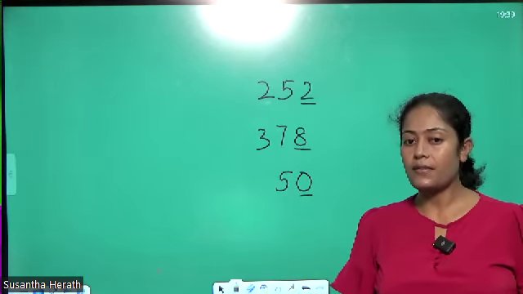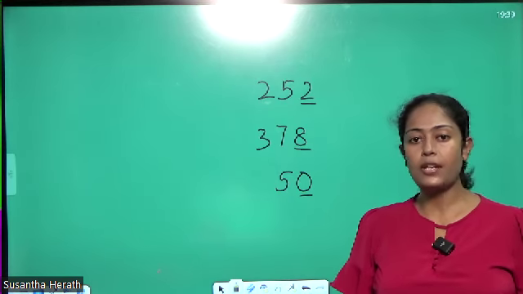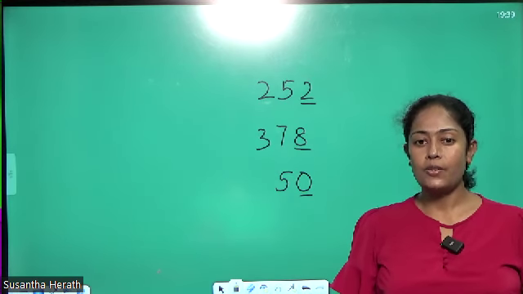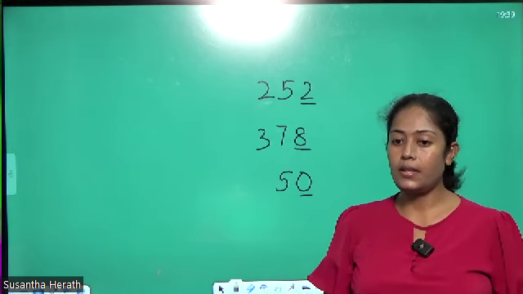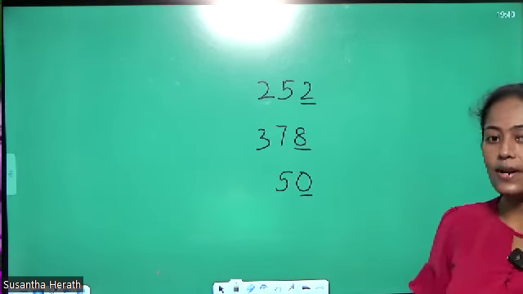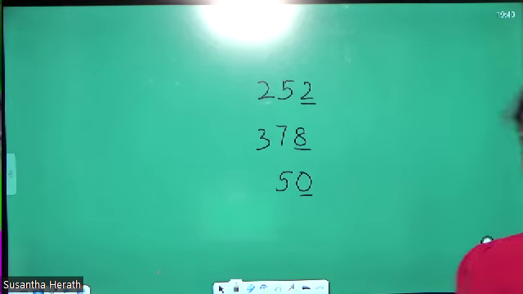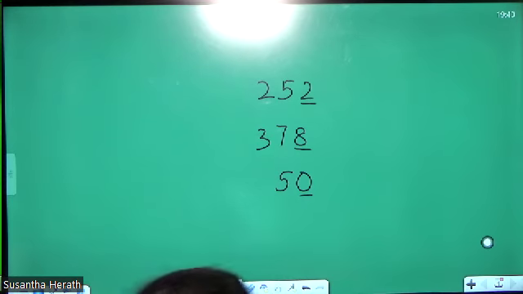Now, how can you check whether this number is divisible by 2? What do you have to do? By looking at the last number. Last number means ones place value. You have to check whether that is divisible by 2. How can you identify a number is divisible by 2?